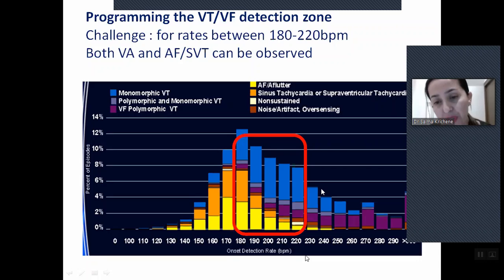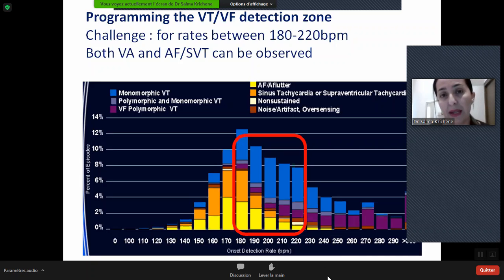Up to 230, we have in the majority of cases ventricular arrhythmia: VF, ventricular fibrillation, or ventricular tachycardia, monomorphic or polymorphic.